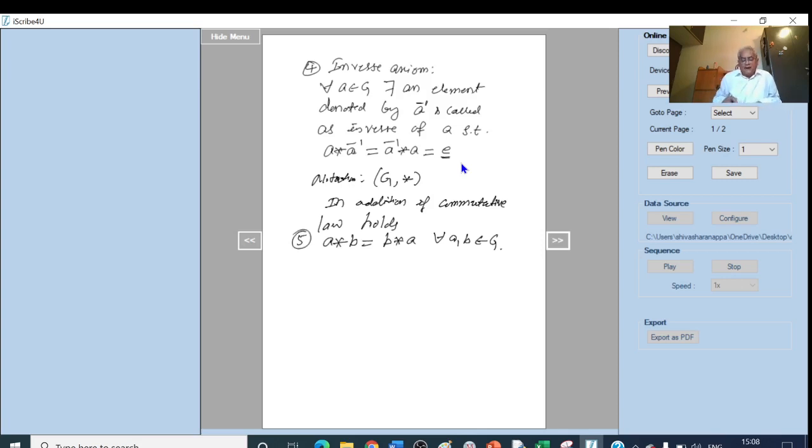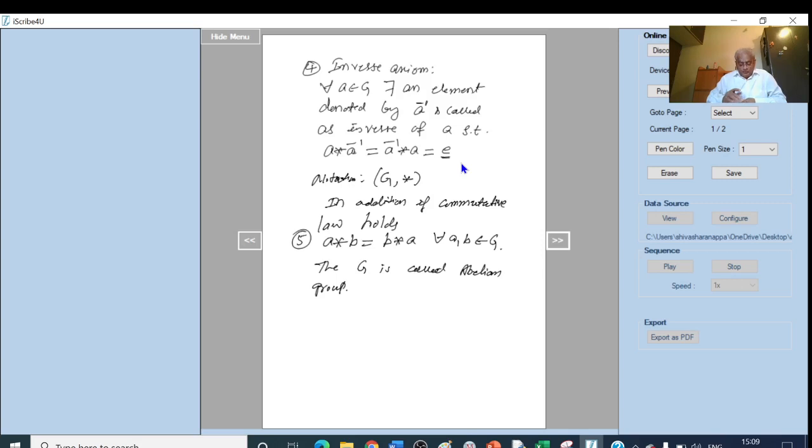If this is also satisfied, then G is called an abelian group. So if only 4 conditions are satisfied, then we say that it is a group. If the 5th condition is also satisfied, if the commutative law holds in G, then we say that G is an abelian group.